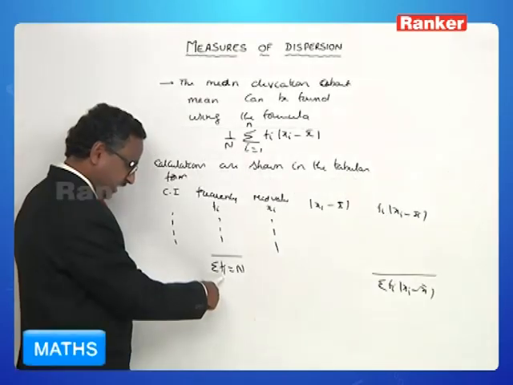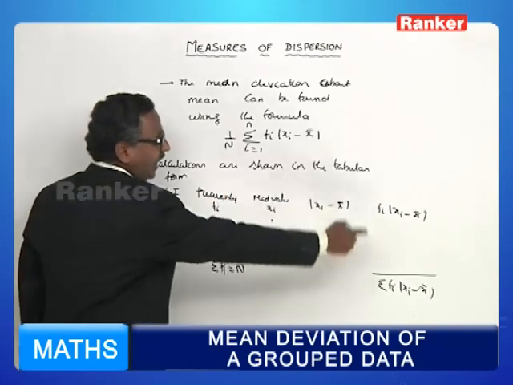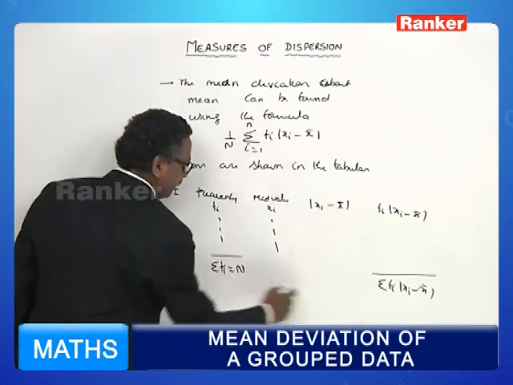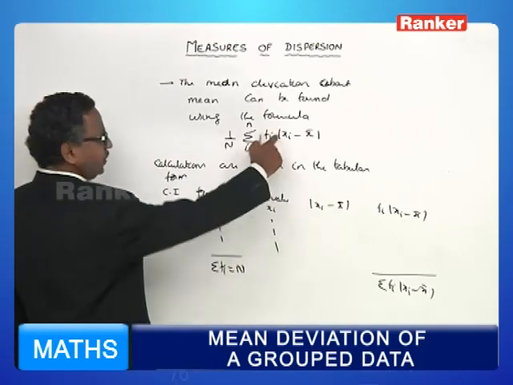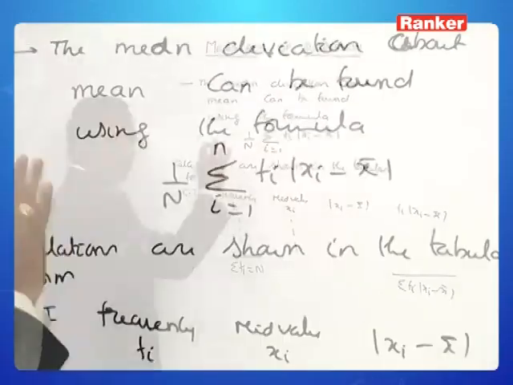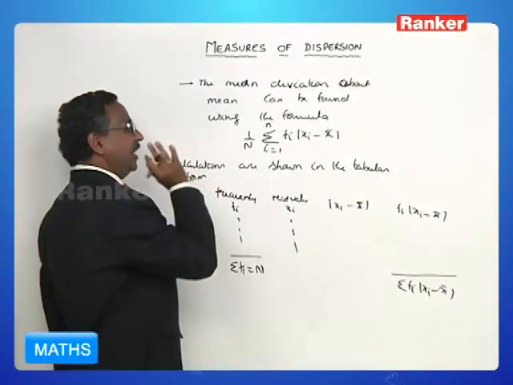Substituting these two in the formula, you can get the mean deviation of the grouped data from the arithmetic mean.